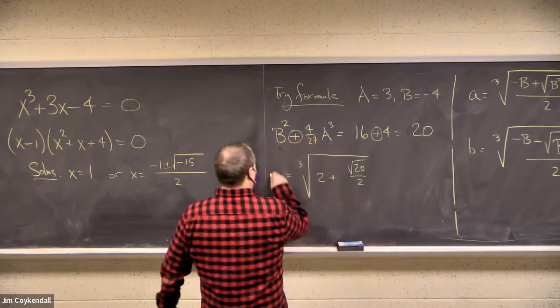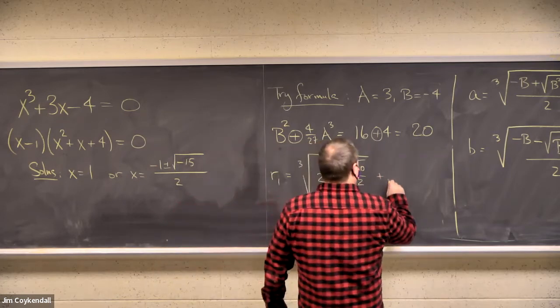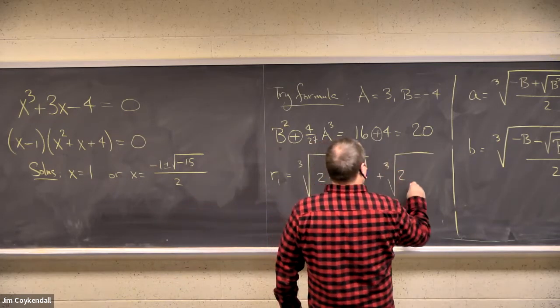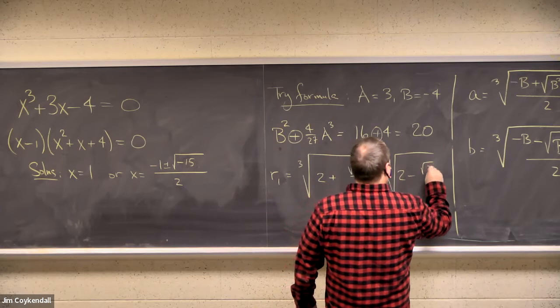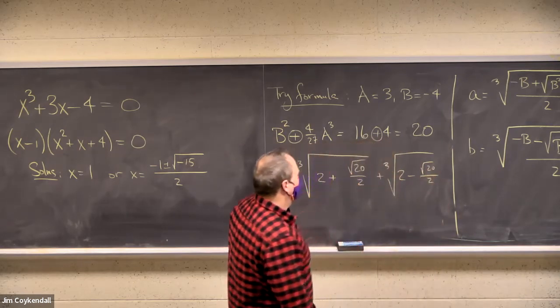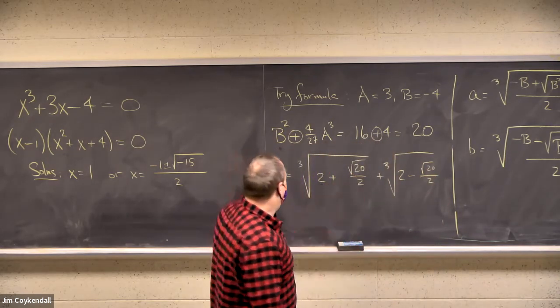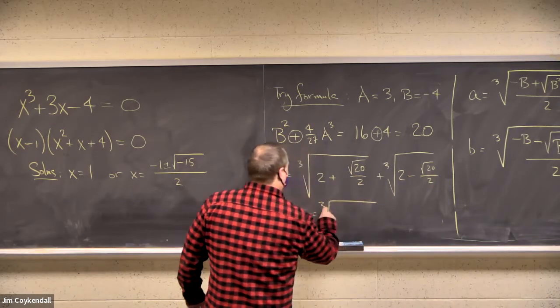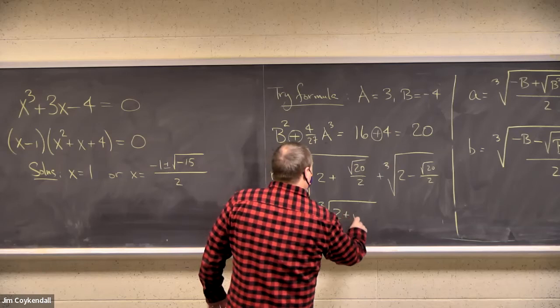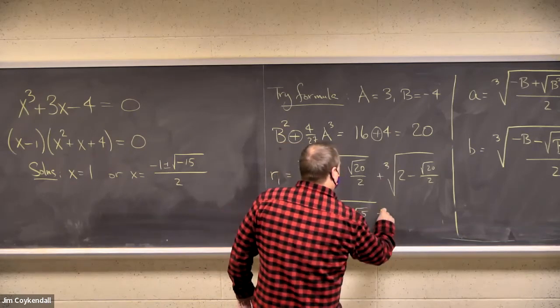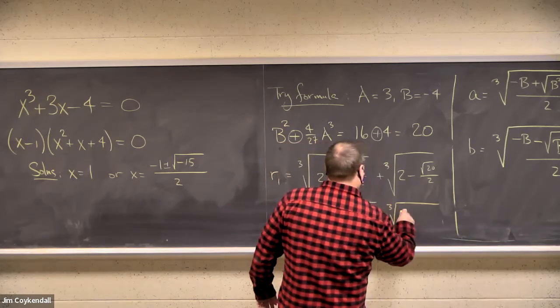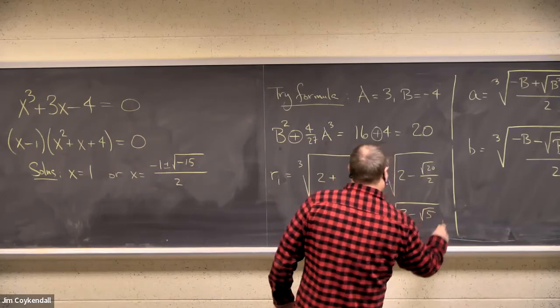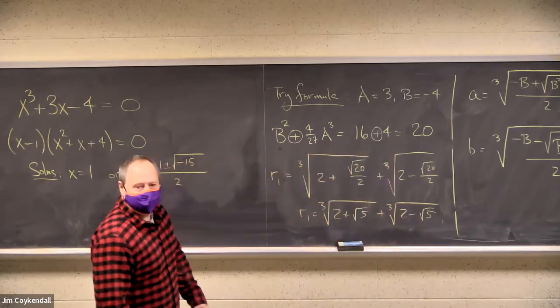So we get the cube root of 2 plus the square root of 20 over 2, plus the cube root of 2 minus the square root of 20 over 2. And of course, that's like 2 radical 5. So cube root of 2 plus radical 5 plus cube root of 2 minus radical 5.